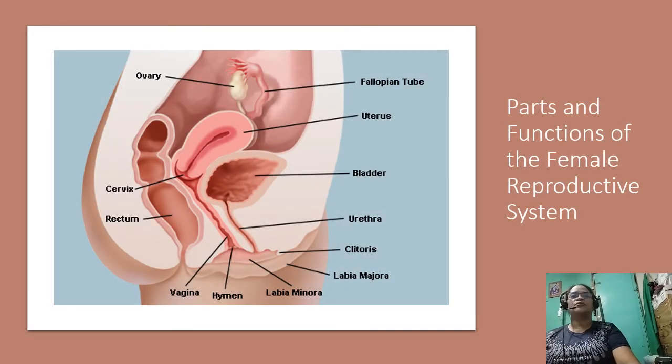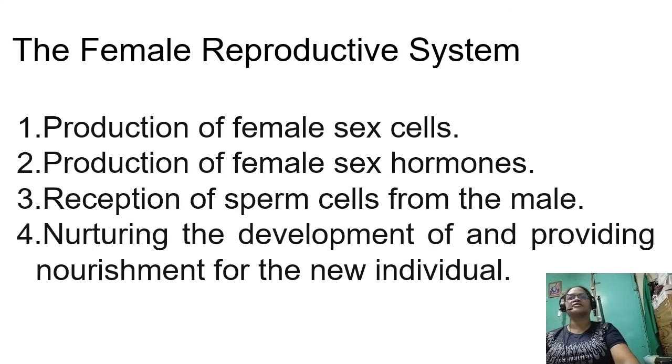Let's go to the parts and function of the female reproductive system. What are the different parts, location, and functions of the female reproductive system? The female reproductive system is responsible for the production of female sex cells.